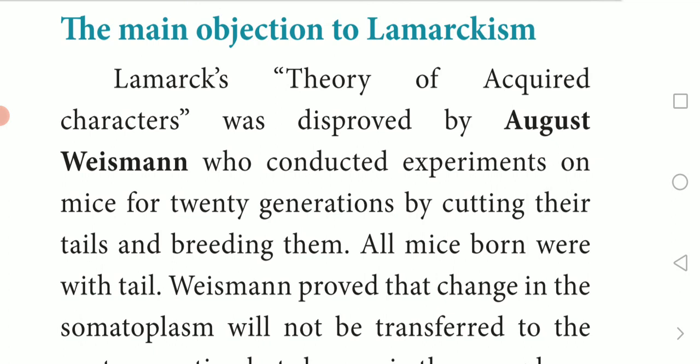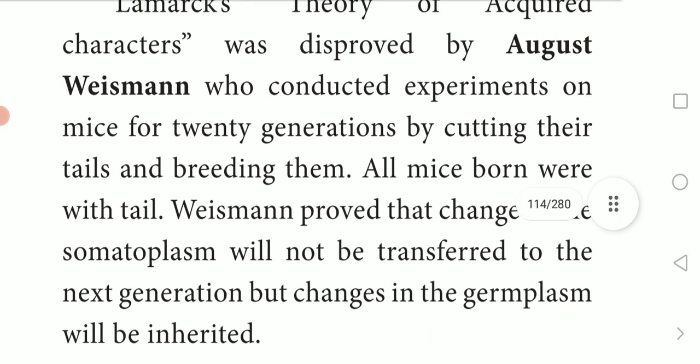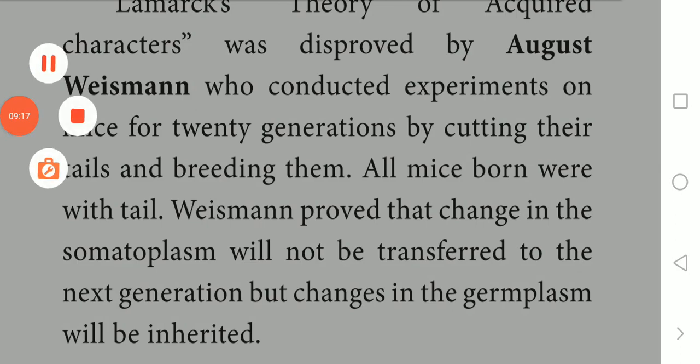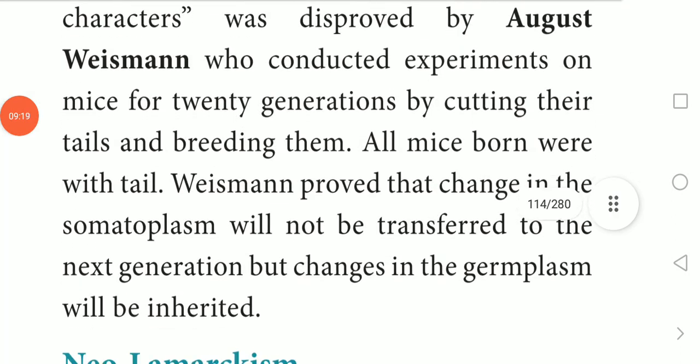The next topic is the main objections to Lamarckism. Lamarck's theory of acquired characters was disproved by August Weismann, who conducted experiments on mice for 20 generations by cutting their tails and breeding them.